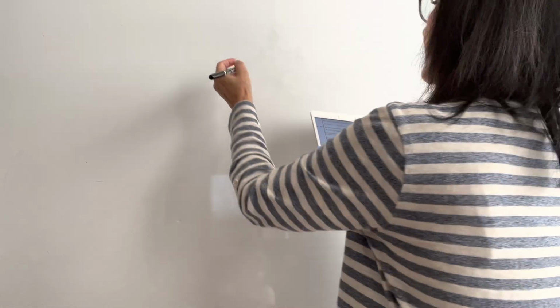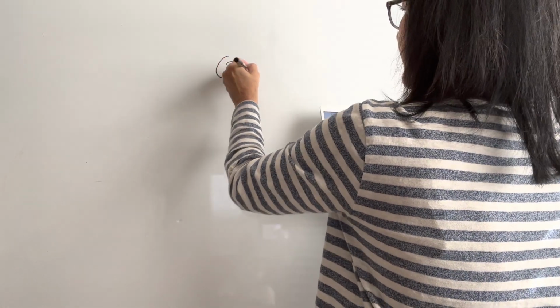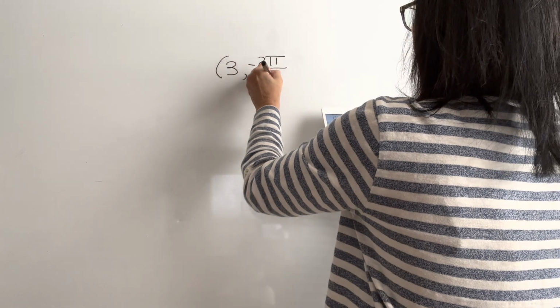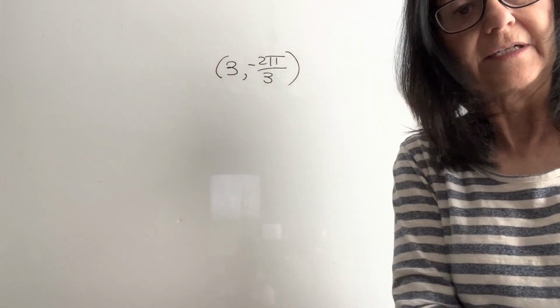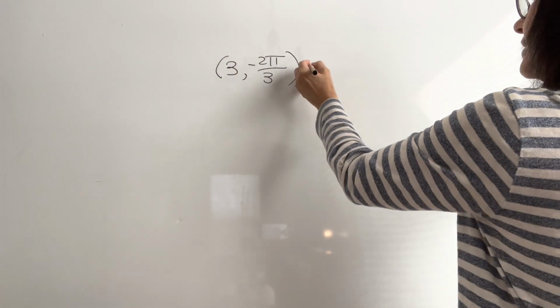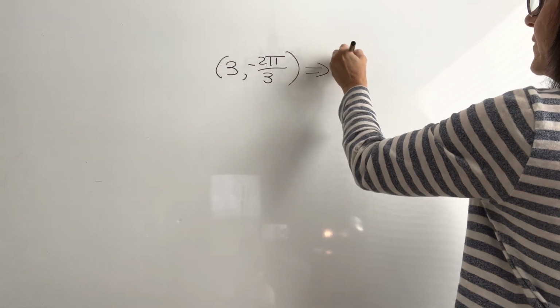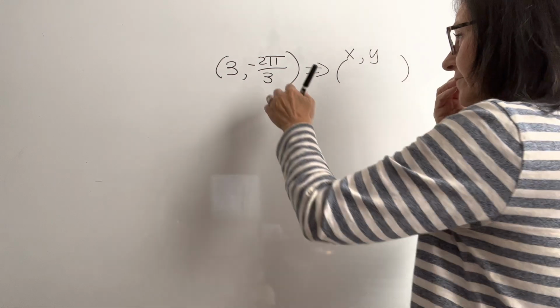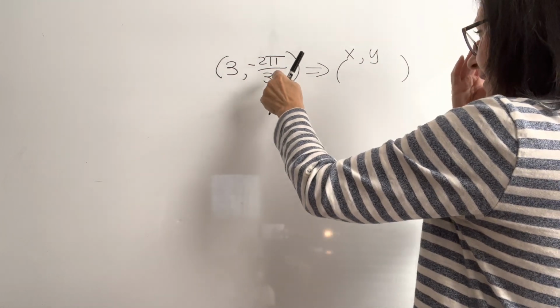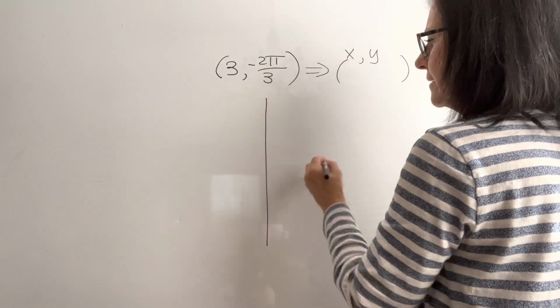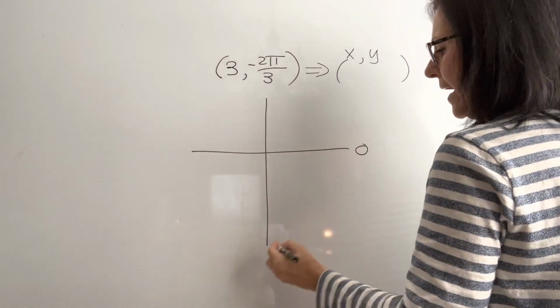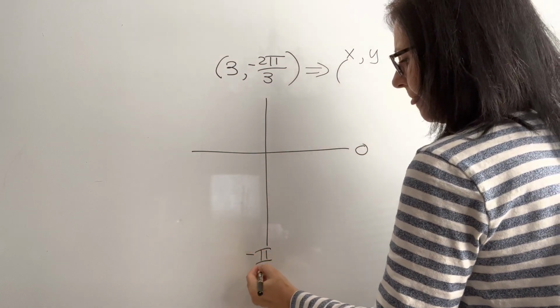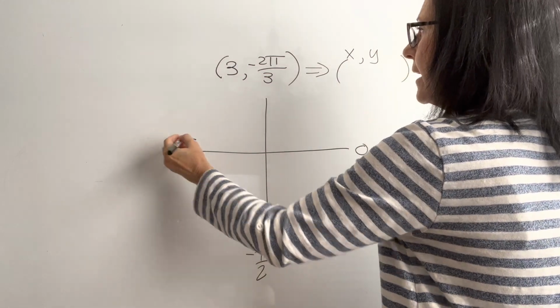51 says convert 3, negative 2 pi over 3 from polar to rectangular. So we want to go from polar to rectangular. So we want the x and the y coordinates. All right, so you graph, you start with the radians. Going backwards, that's negative pi over 2. That's negative pi.